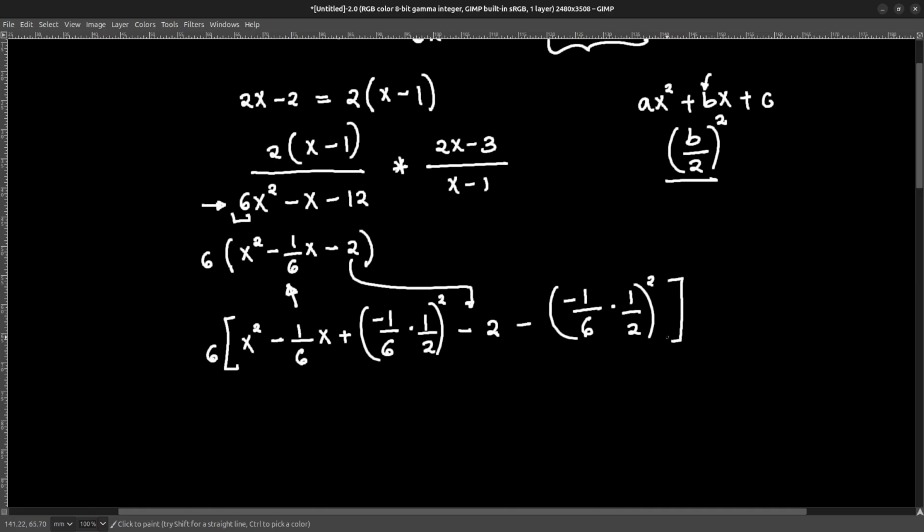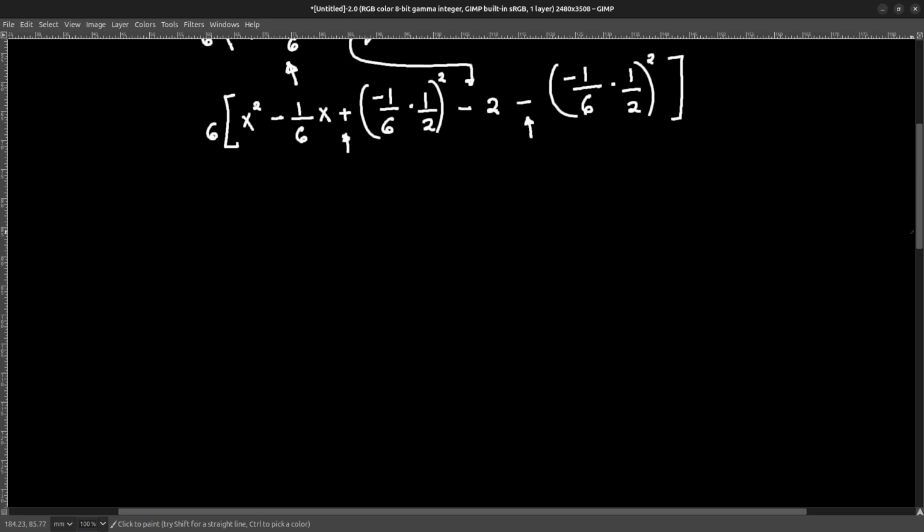So you see, at the end of the day, it's not like the equation has changed, since here we have added and then we have subtracted the same term. But let's see what has changed. Let's simplify this a bit. So this becomes x squared minus 1 out of 6 x, and then any negative term squared will be a positive term.